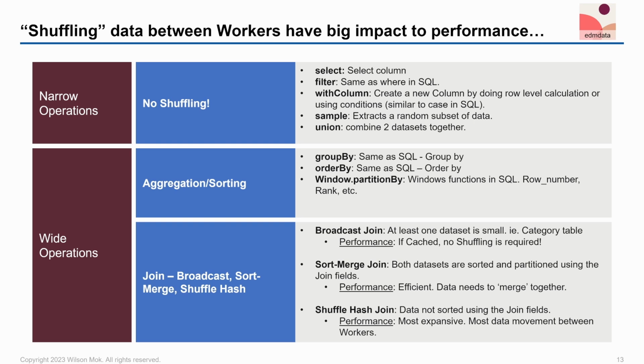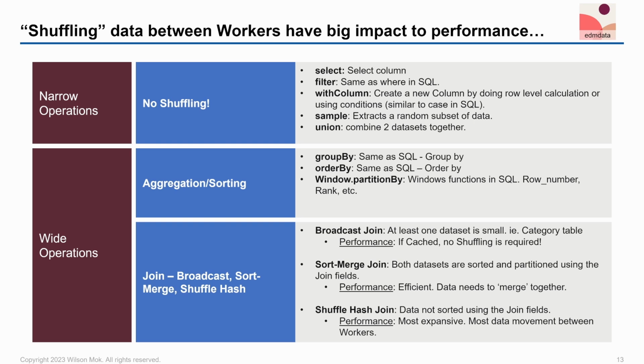Or ordering data, which means you're basically re-sorting the data, moving it around within the partitions. And finally, when you do things like window functions, that causes havoc on all the partitions, and even in SQL, that's a heavy operation on its own.